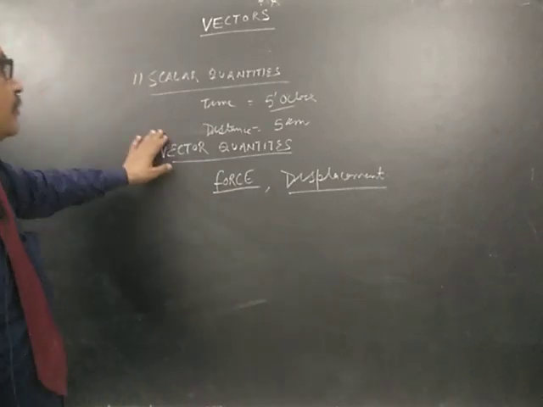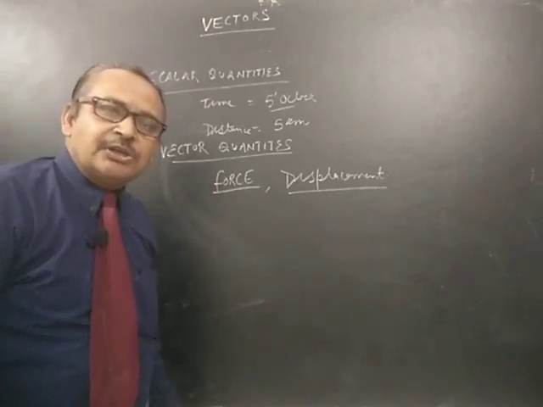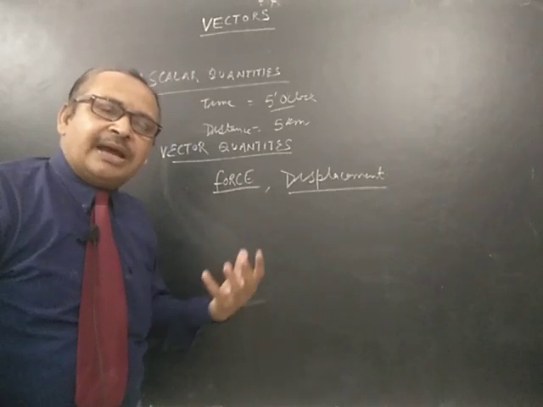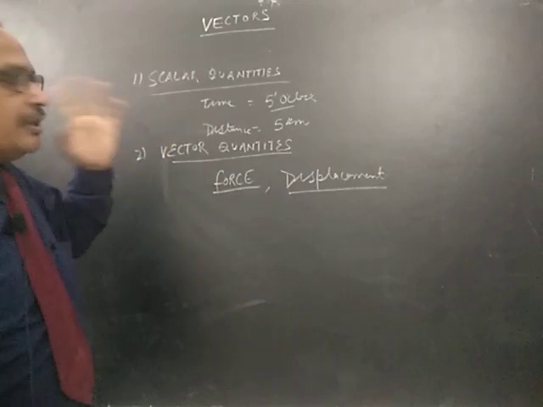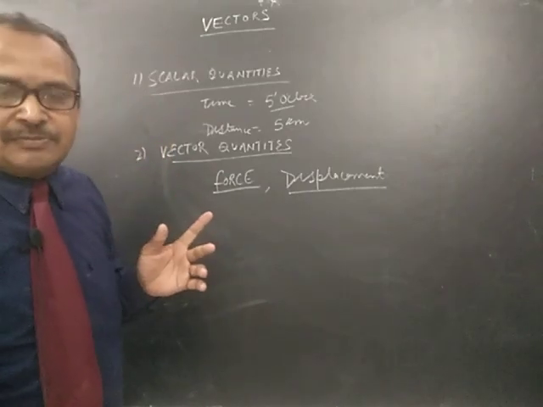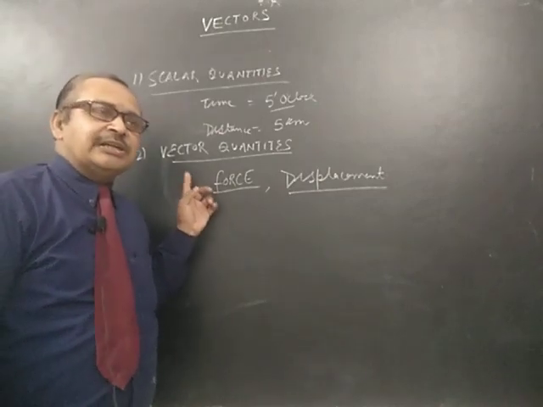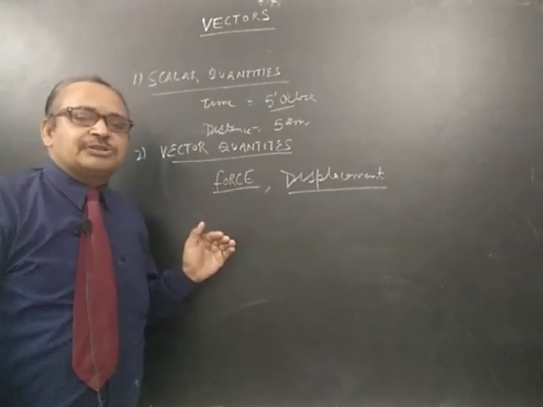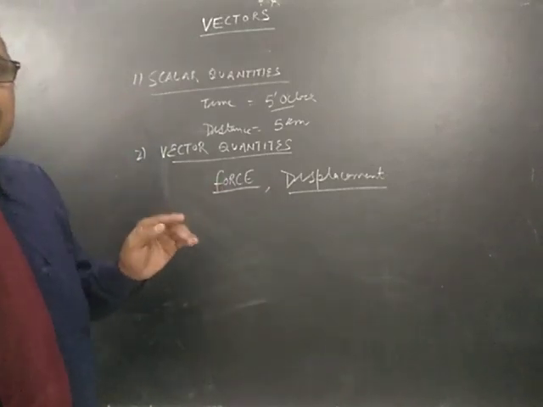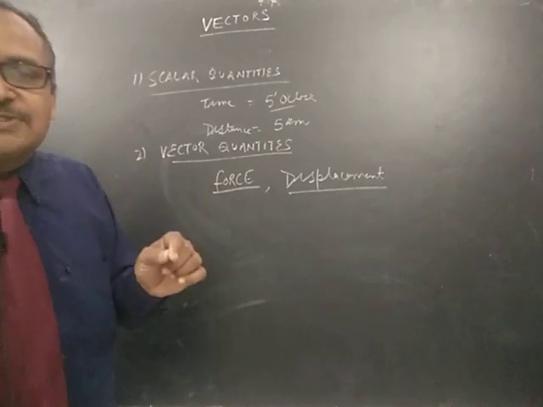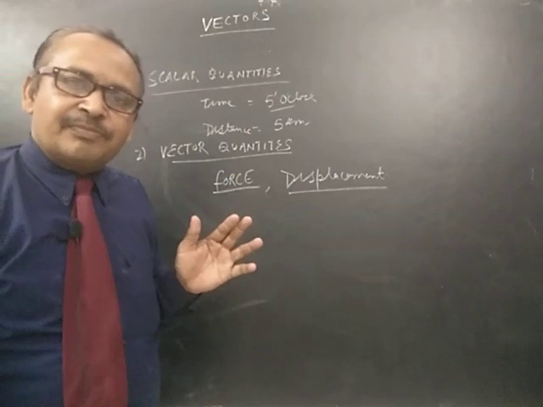Because scalar does not involve any direction, it is easy to apply those general operations of mathematics to scalar quantities. But if the quantities are vector quantities, then simple operations of mathematics cannot be performed here because vector quantities involve the direction. Is it clear?